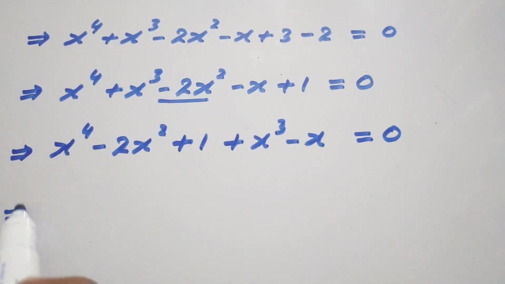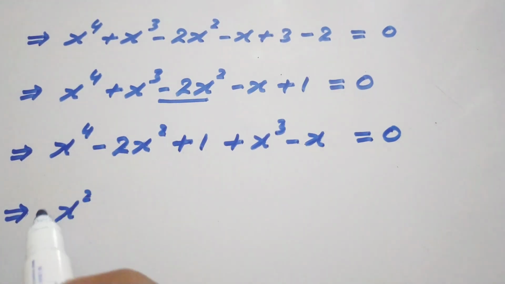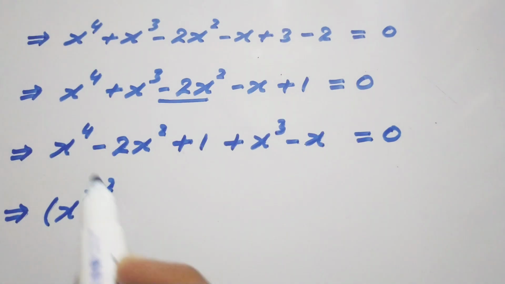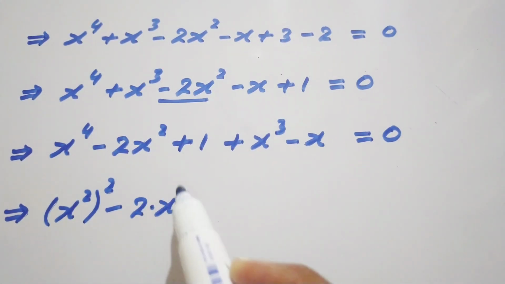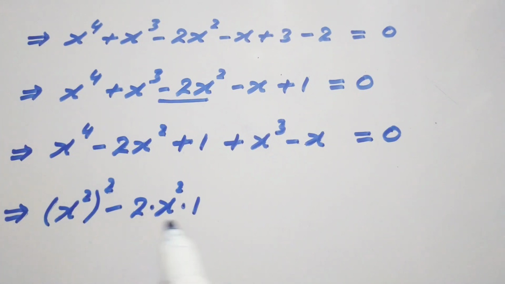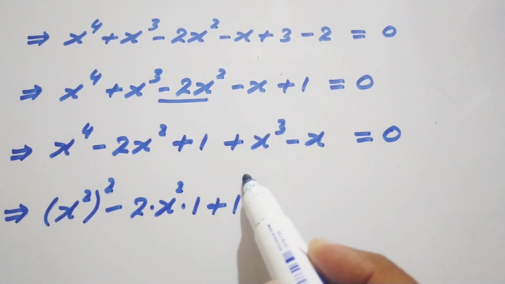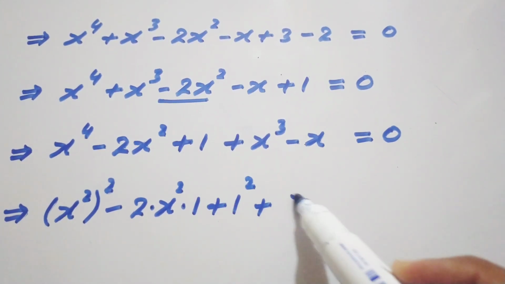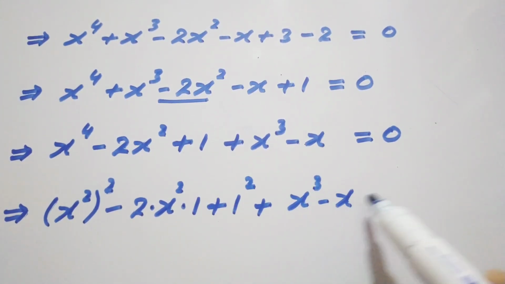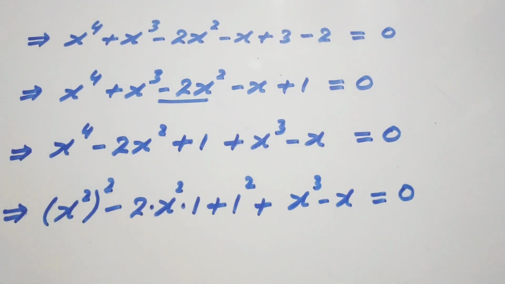Here we will write this as x squared, which gives us x power 4, minus 2x squared multiplied by 1, because 2 multiplied by 1 gives us 2, plus here 1, we can write this as 1 squared because 1 squared is equal to 1, plus x cube minus x is equal to 0.